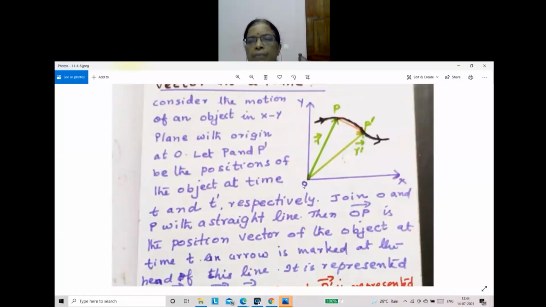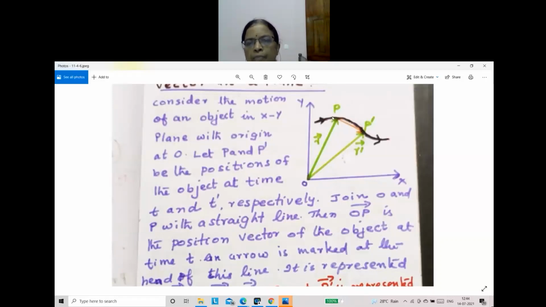O is the origin. And the black curve is representing the motion of a body. Body is moving in this plane. Arrow mark is shown. From here it is moving. See, this is the motion of the body.